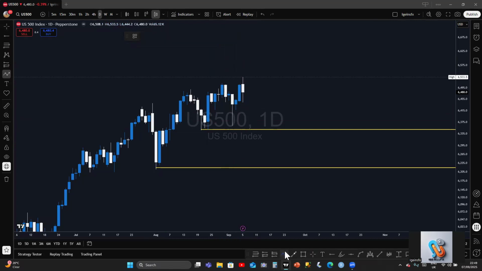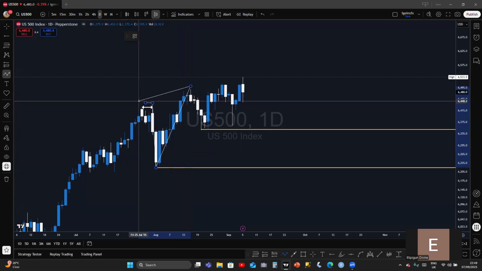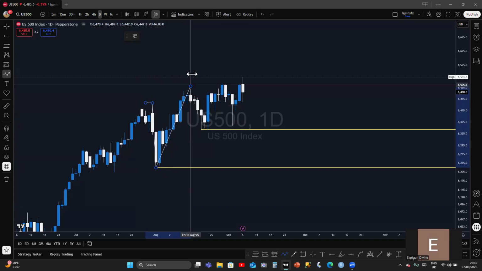This is what I mean. Price giving us this level. Let's assume this is a high here. After this high, it came back down to this level, giving us a support level. Then it now went up, taking out this level, giving us a high price.